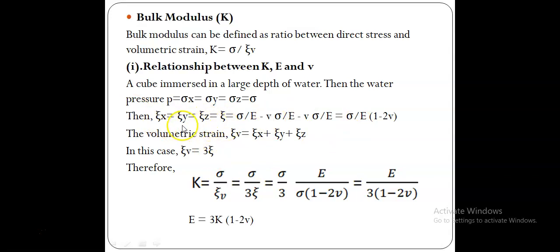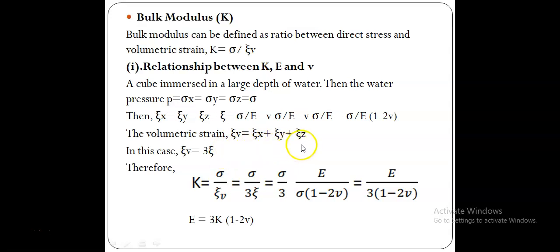If I want to find epsilon x, epsilon y or epsilon z, it is equal to sigma by E, that is linear strain along one direction, minus the strain along a lateral direction, nu into sigma by E, minus the strain along another direction, nu into sigma by E. The total strain on that material is epsilon, which is equal to sigma by E into 1 minus 2 nu.